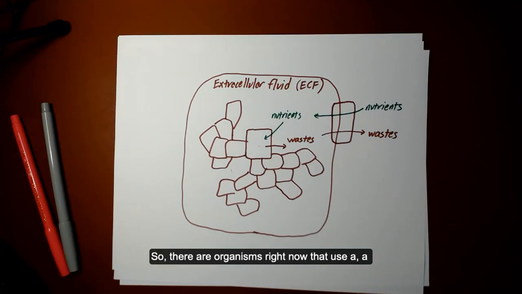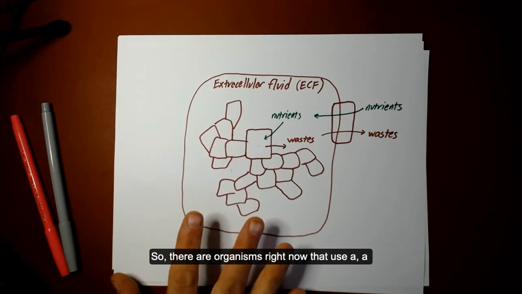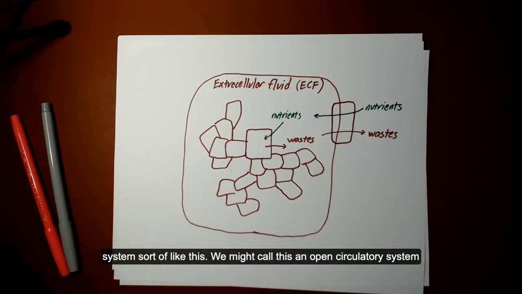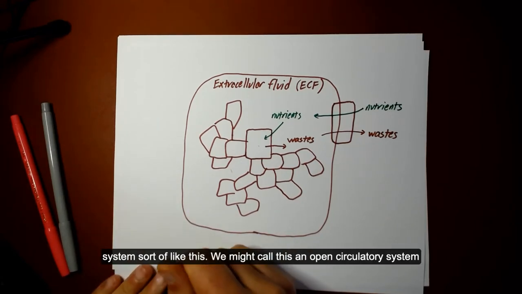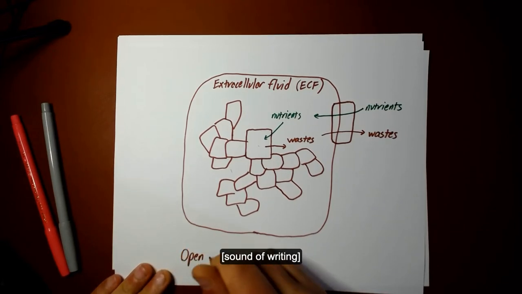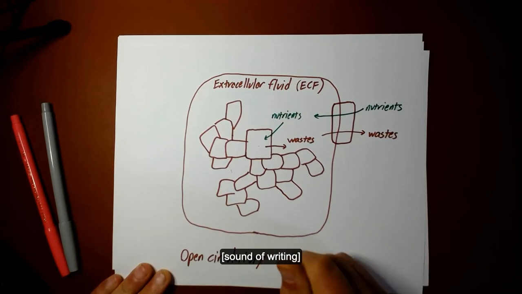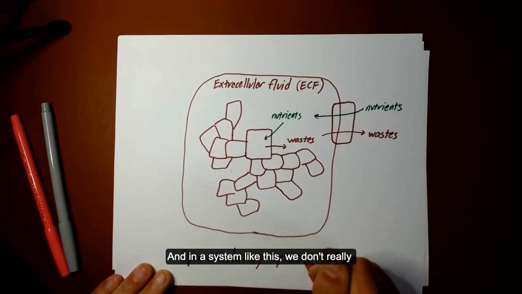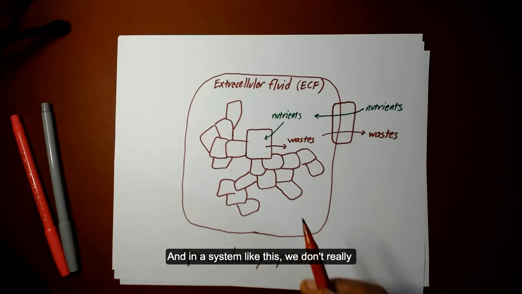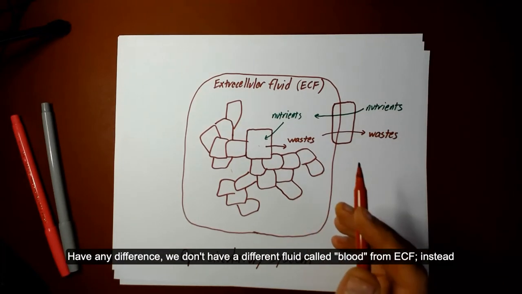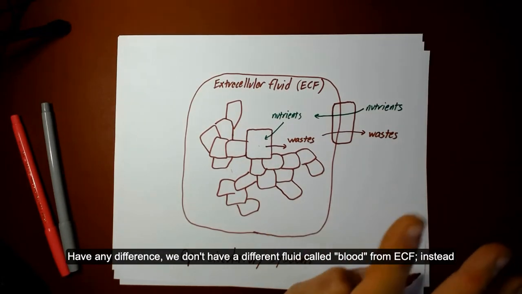So there are organisms right now that use a system sort of like this. We might call this an open circulatory system. And in a system like this, we don't have a different fluid called blood from ECF.